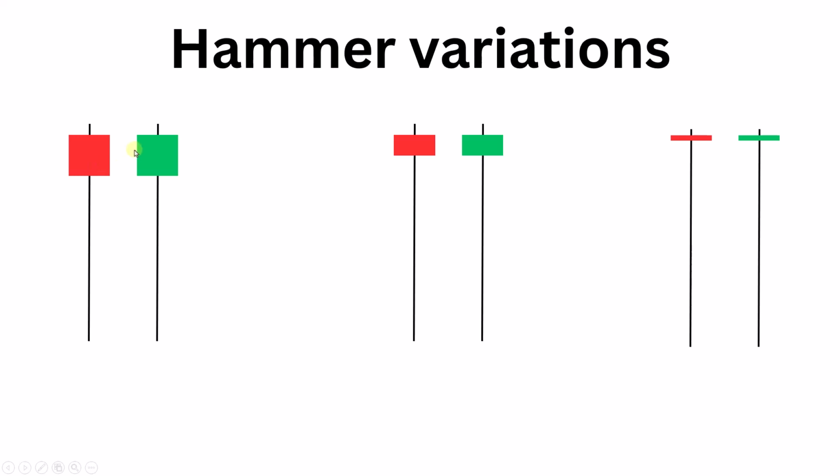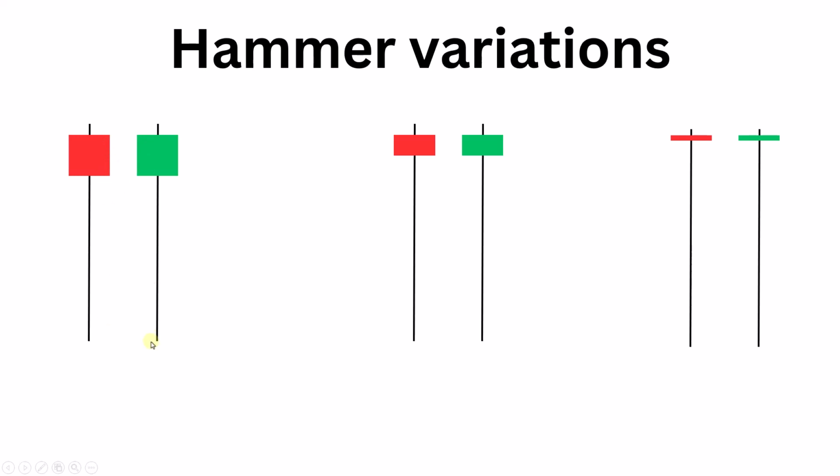All right, but here too we have small upper wick, which says that there is slight selling pressure. Even though we have upper wicks here, these two are considered to be hammers. Okay, because we have small bodies and very long wicks.